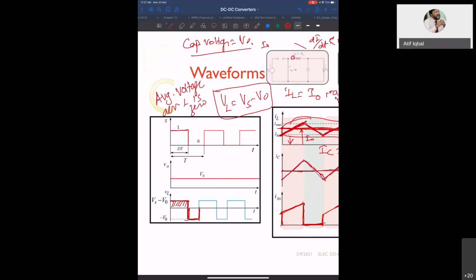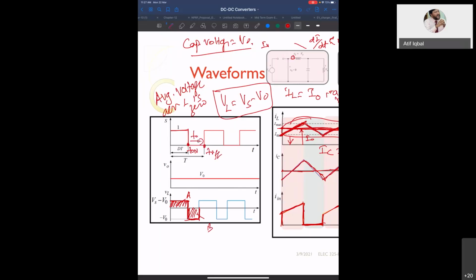So for the average to be 0, you have a positive area here, so you must have an equal negative area. The positive area should be equal to the negative area. Then only will you have the average voltage 0. And what are these times? This is your on time, T on, and this is your T off.